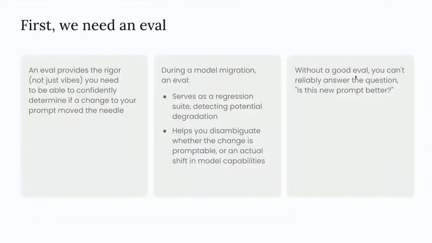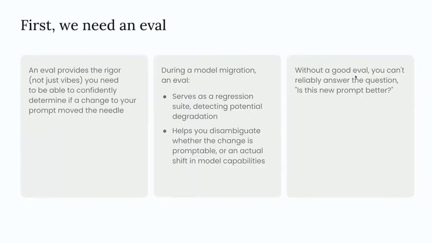We have different models which have different capabilities and different behaviors. And when you migrate to a different model, it could be that your system is no longer working as well for two reasons. First of all, the new model might be capable, but it's behaving differently, and therefore we can tune our prompting to fix that behavior.